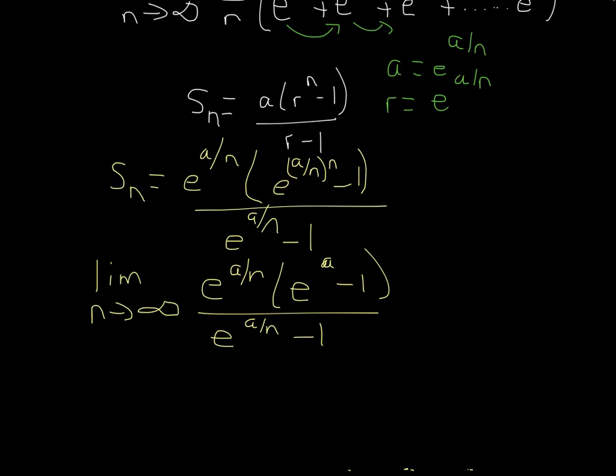If you substitute a over n, let's let it equal another variable h, then we will end up with e to the h times e to the a minus 1 over e to the h minus 1.